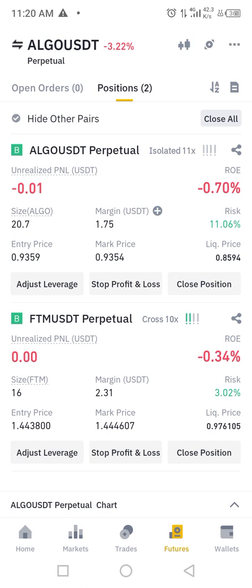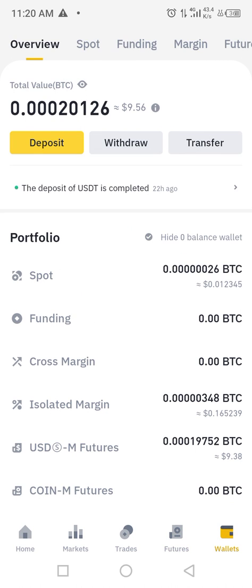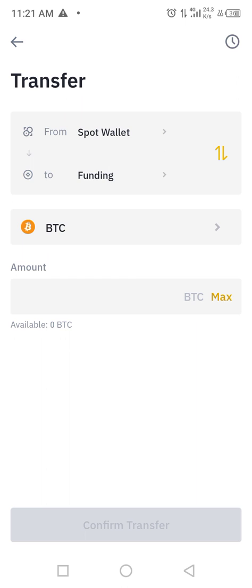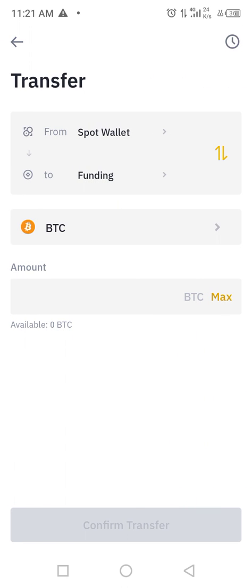If you don't want to close your position and the crypto is dumping toward your liquidation price, you can quickly transfer. Do you understand? You have to buy more assets or ask someone to transfer assets to you, then transfer the assets to your spot wallet.